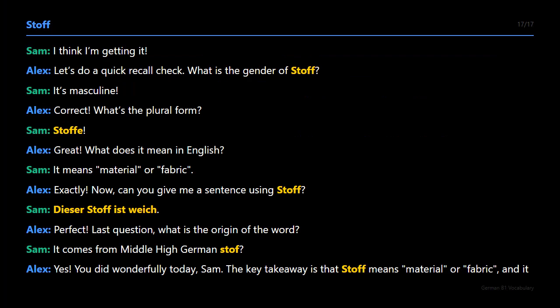It means material or fabric. Exactly. Now, can you give me a sentence using Stoff? Dieser Stoff ist weich. Perfect. Last question, what is the origin of the word? It comes from Middle High German, Stoff.